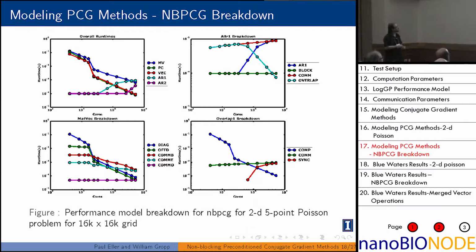Looking at the matrix vector multiply breakdown, we see that there's some communication that it predicts, but not too bad compared to the computation. And in general, we see that as long as the computation is greater than the communication, we get a good overlap for the Allreduce. But if there's more communication than computation, there's a synchronization cost.